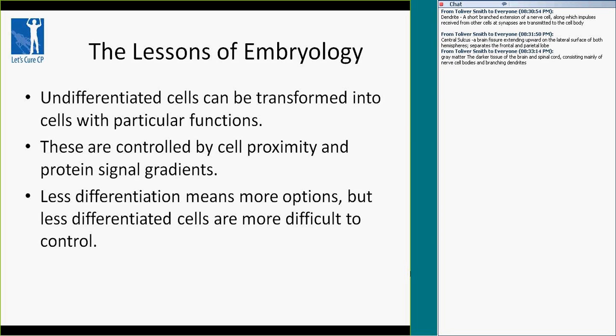The control of development is cell proximity and protein signal gradients. And another important thing to realize is the less differentiation, the less specific a cell is, the more options it has as to what it can become.